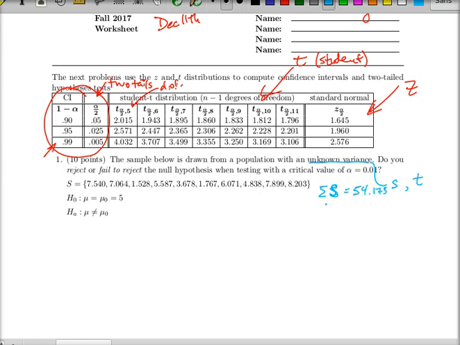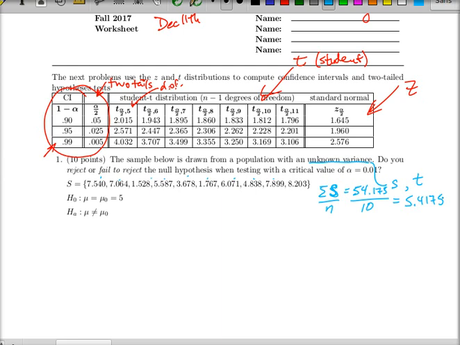That's going to be 54.175, and we're going to divide that by n, and n in this case is 1, 2, 3, 4, 5, 6, 7, 8, 9, 10. Sample of 10, and so that's going to be 5.4175.